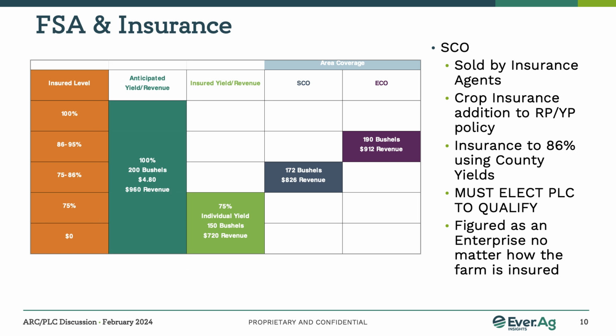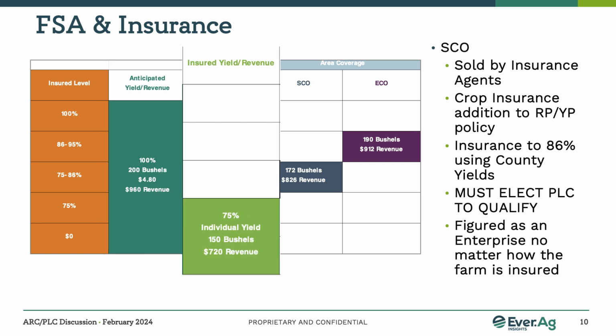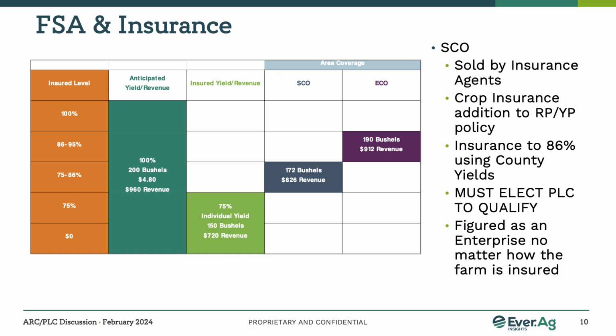In this example, we are insuring 75% of that, meaning 75% of 200 is going to be 150 bushels. 75% of 960 is $720 in revenue. Now, the two columns on the right are going to be area coverage, meaning that we are going to be using area yields. Again, those area yields are going to be trend adjusted RMA data.